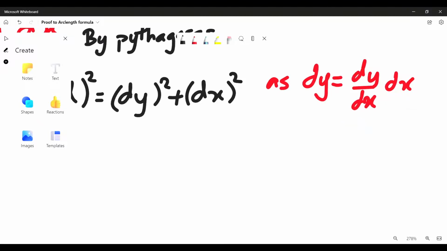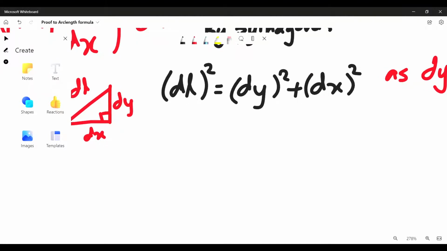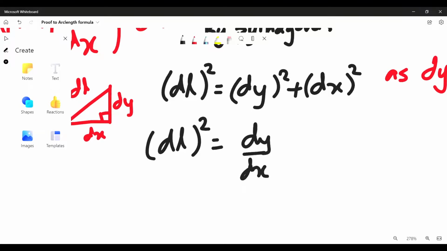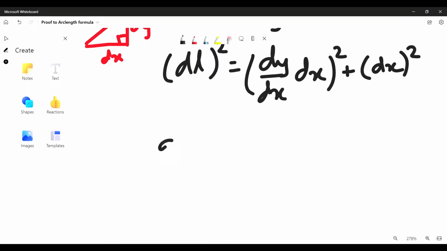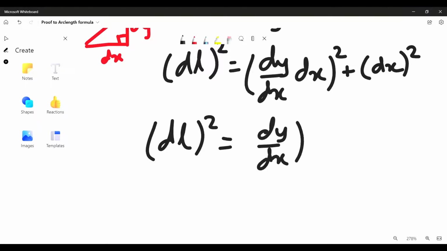So we can just use that here, and we get dl squared is equal to (dy over dx times dx) squared plus dx squared. If I expand this, we get dl squared is equal to (dy over dx) squared dx squared plus dx squared.